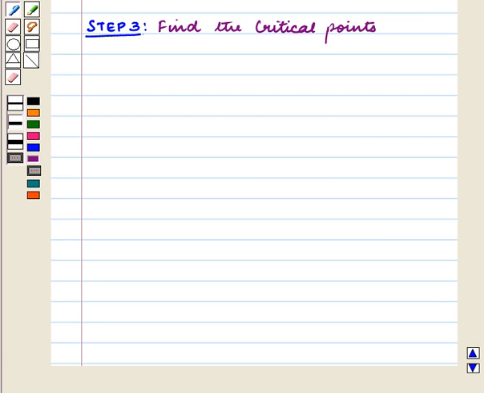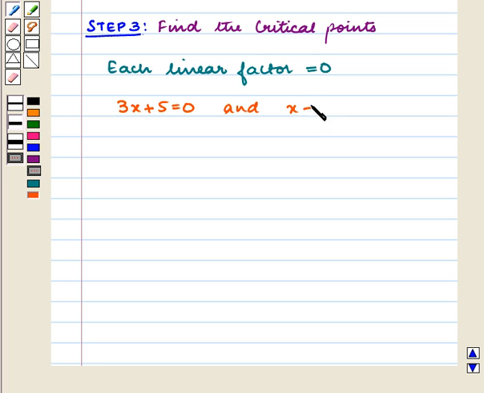Now our next step is to find the critical points. For this, we equate each linear factor equal to 0. That is, we get 3x plus 5 equal to 0 and x minus 1 equal to 0.